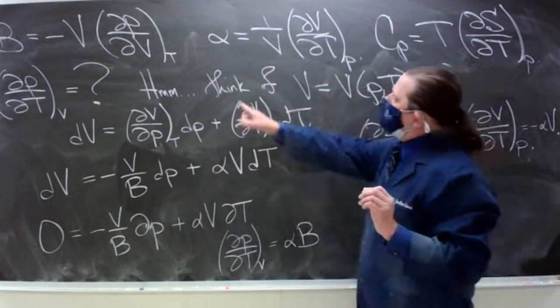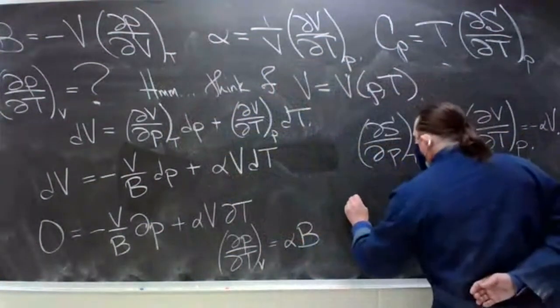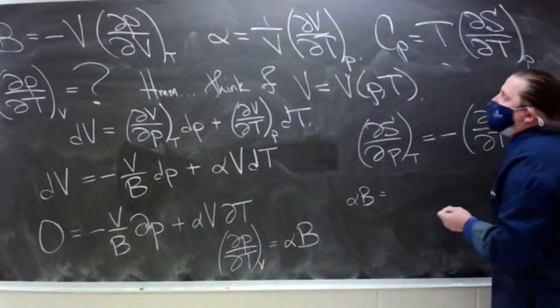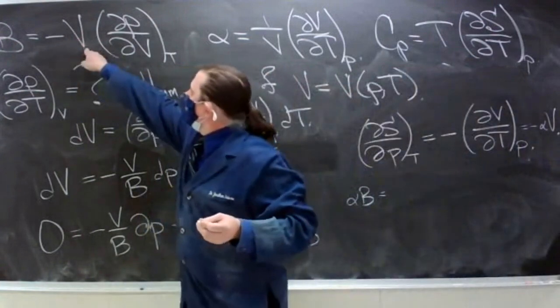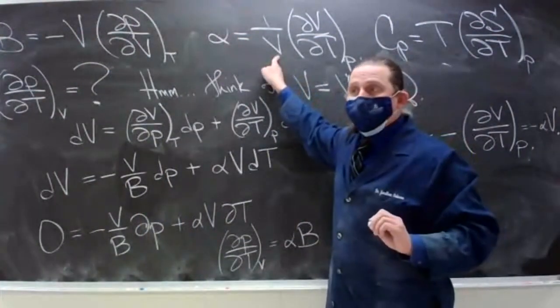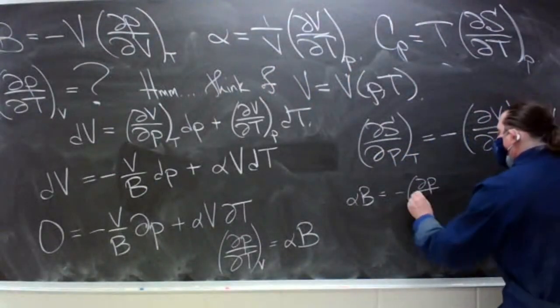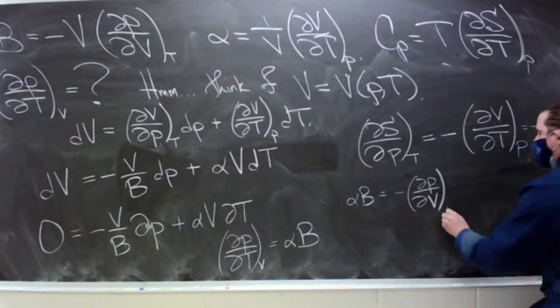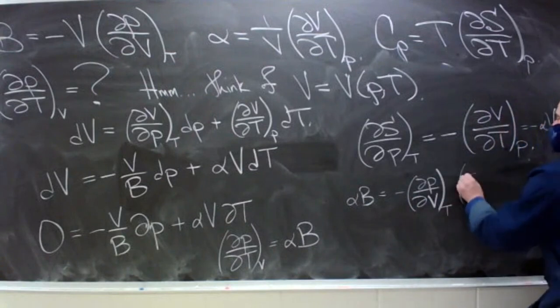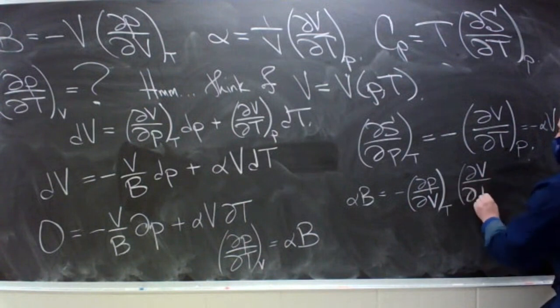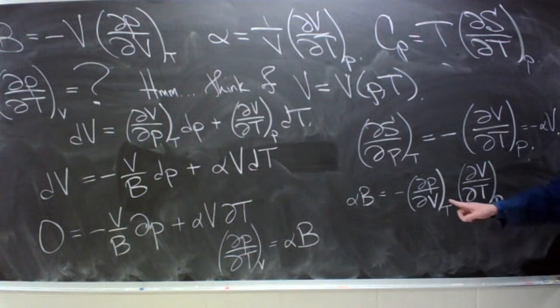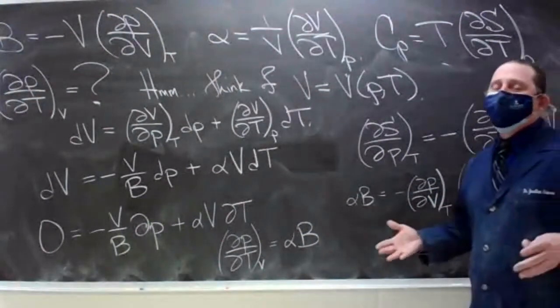Because they could say, if I multiply alpha times B, then I've got minus V times 1 over V, so those cancel. So this would be minus dP by dV at constant temperature, dV by dT at constant pressure. So can't I just cancel the two dV's out and just write a dP by dT?